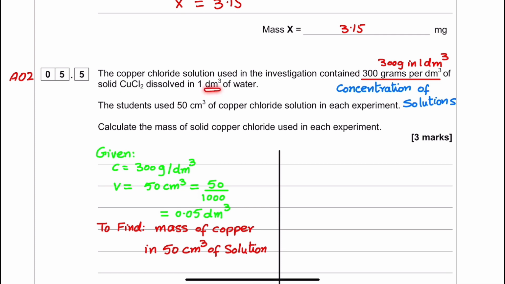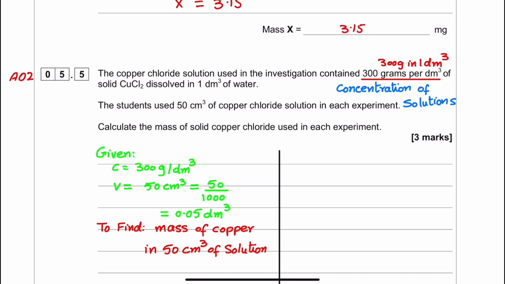You can see the units here: it is dm cube, and here the units are cm cube. First of all, we need to change the units, because my values are given as 300 grams per dm cube. So first of all, the student needs to convert 50 cm cube into dm cube to get 1 mark.